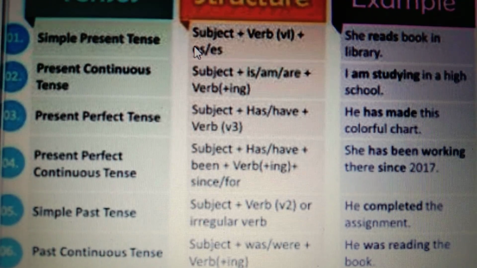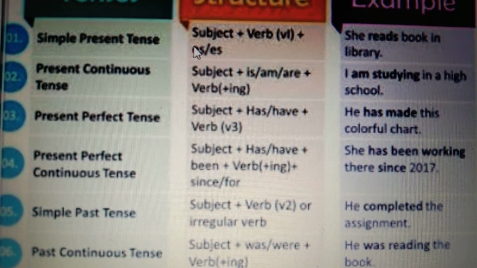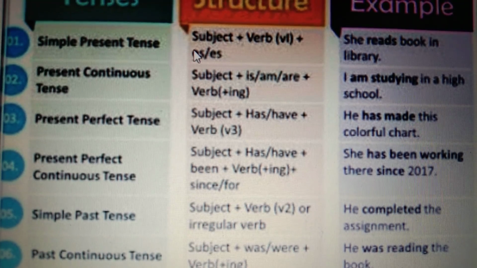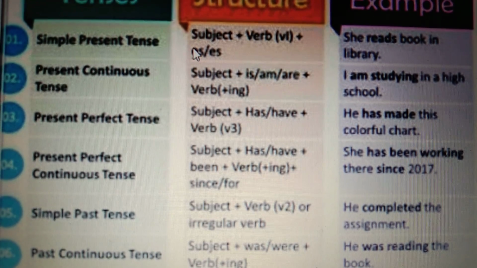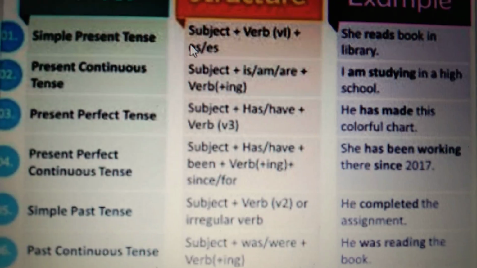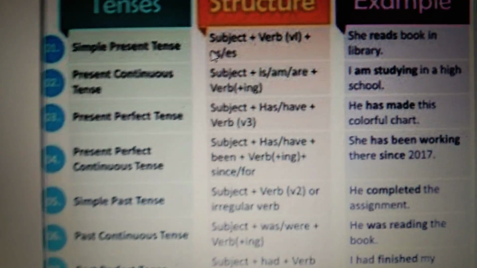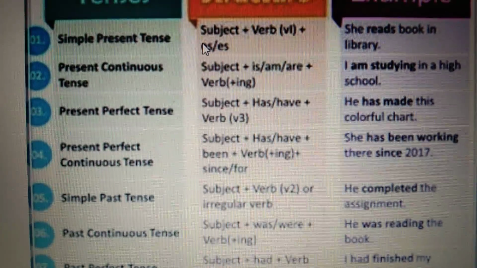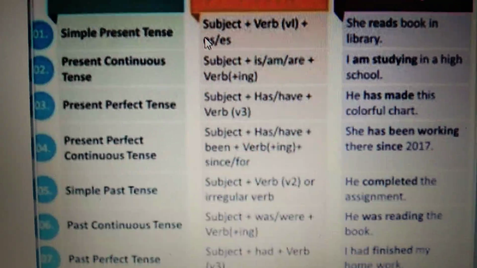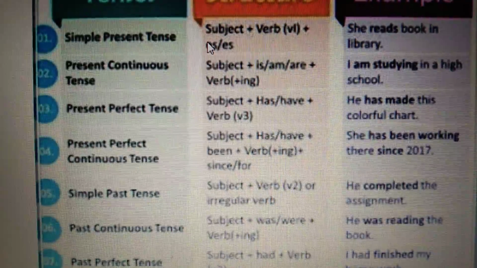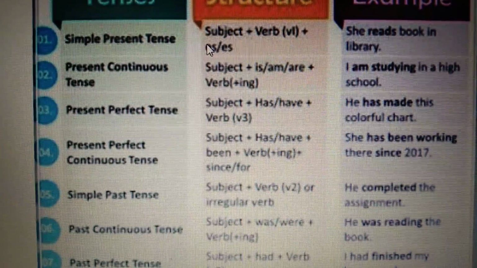Second is present continuous tense. Present continuous tense expresses something that is happening at the moment, which is going on. It is used to denote an action that is going on at the time of speaking.